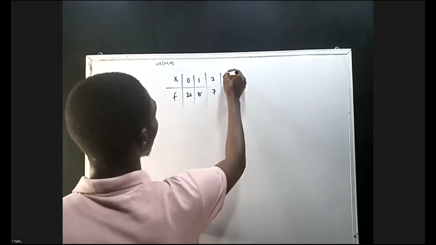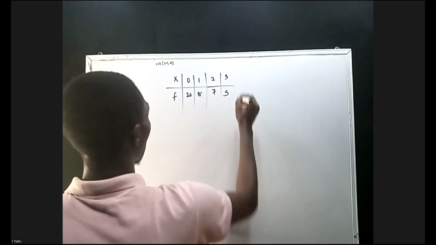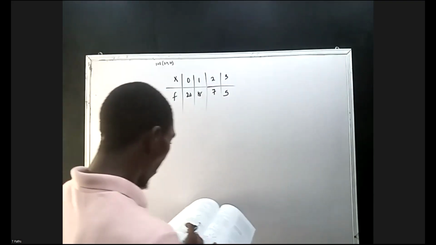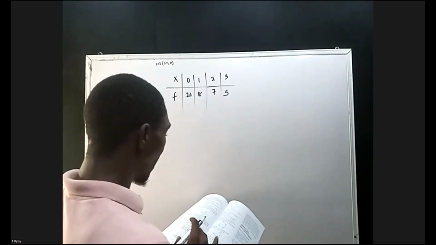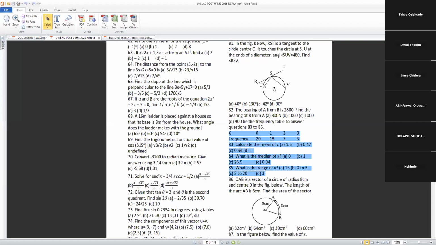And we have 3, 5. Now, question 83 says calculate the mean of X. The next one says calculate the median of X. And the last one says what is the range of X.